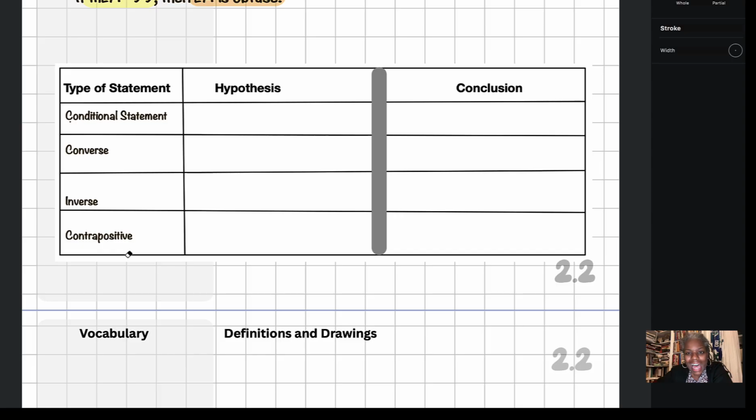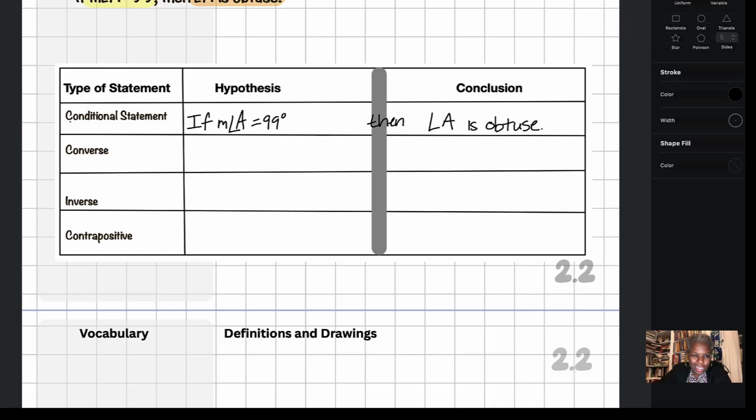This sounds like a lot, but we can follow through with it. Please check out this chart and let's work on it together. First, let's start off with a regular conditional statement. The statement I'm starting off with is this last one. It's just a regular conditional statement. If the measurement of angle A is 99 degrees, then angle A is obtuse.